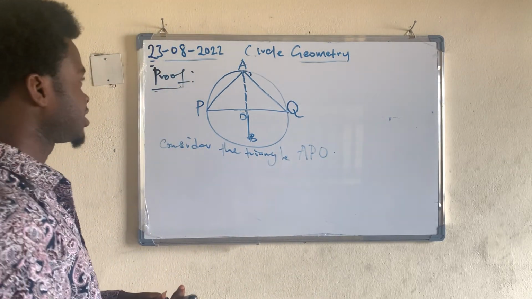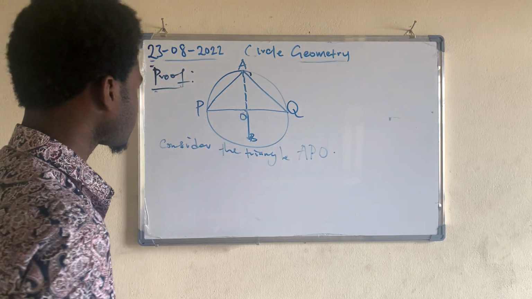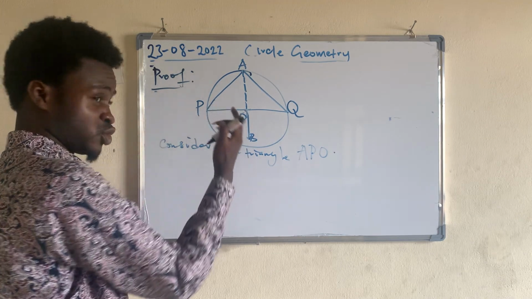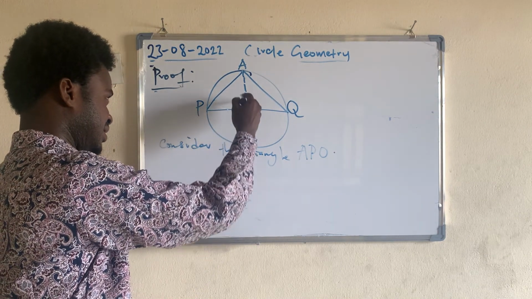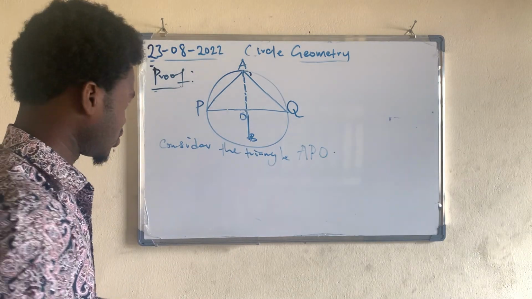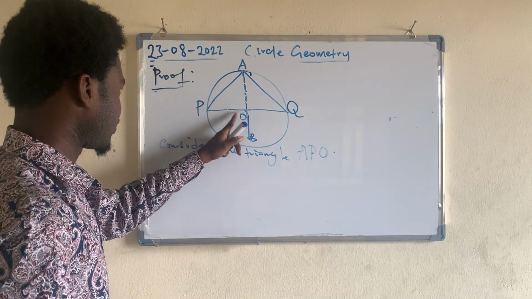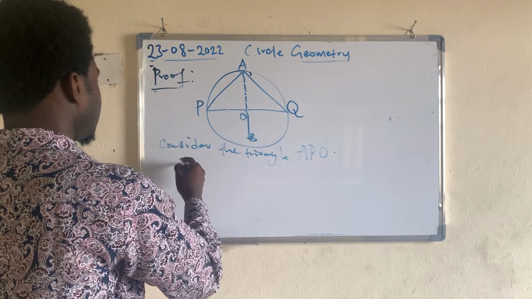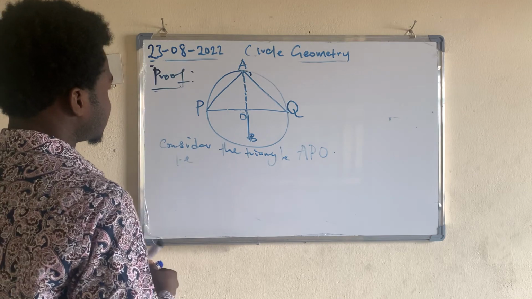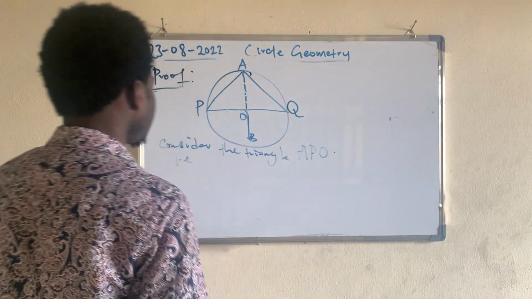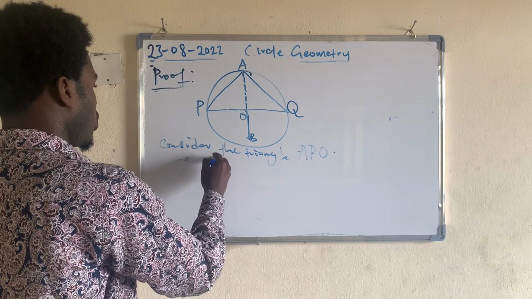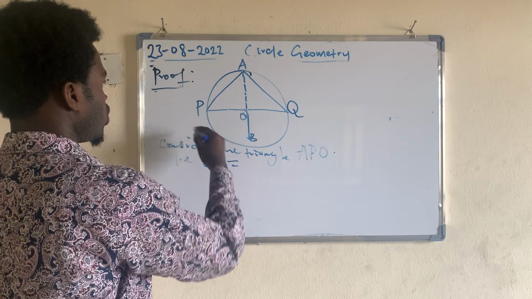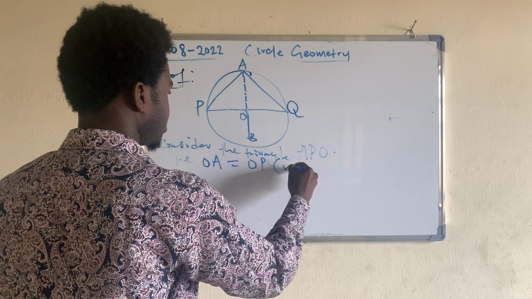So if we consider this triangle APO, we can see that this length is equal to this length, two radii from the center of the circle to the circumference. So that is, I will say OA is equal to OP. OA is equal to OP, radii.